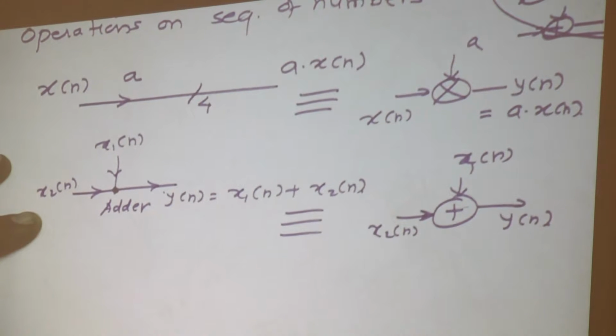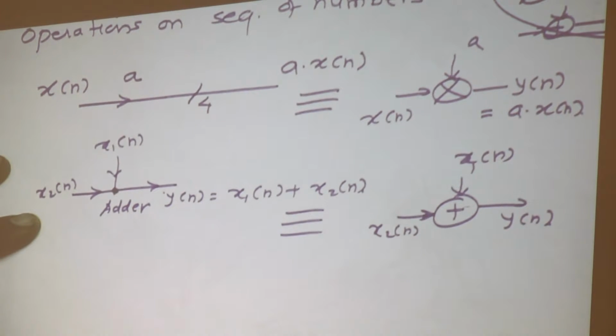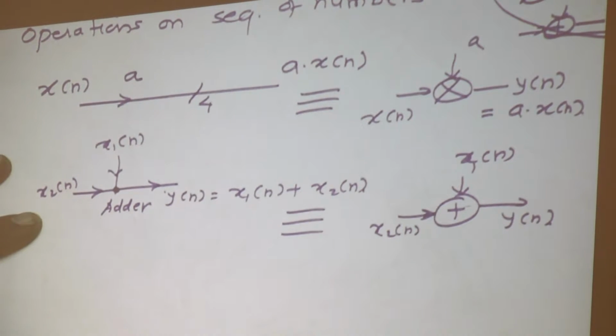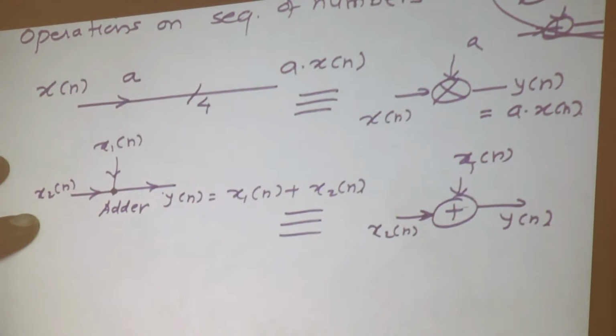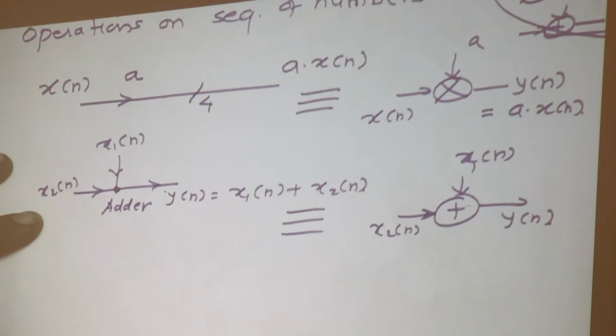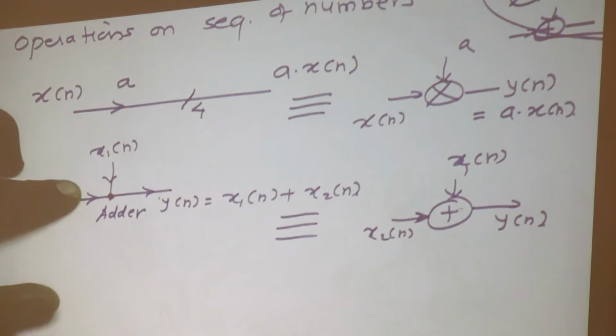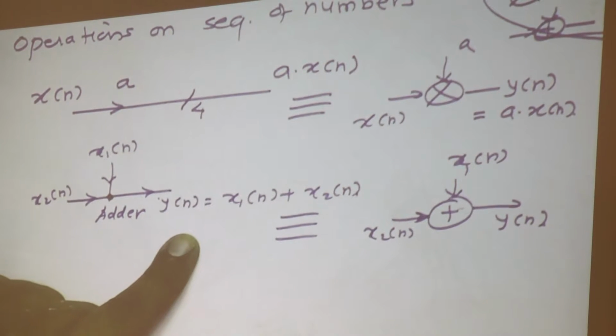In order to avoid that, we declare the architecture to be an n-bit architecture. N-bit architecture means it will have an n-bit multiplier, where two n-bit numbers multiplied will give you another n-bit number with permitted errors. Two n-bit numbers when added will result in an n plus 1 bit number.